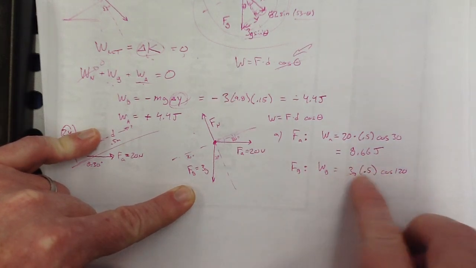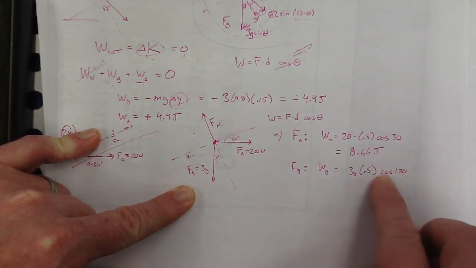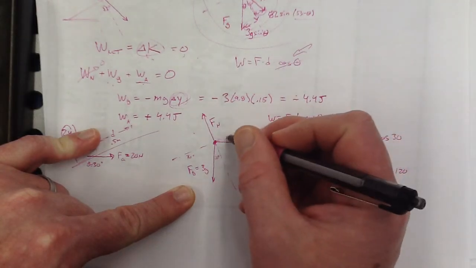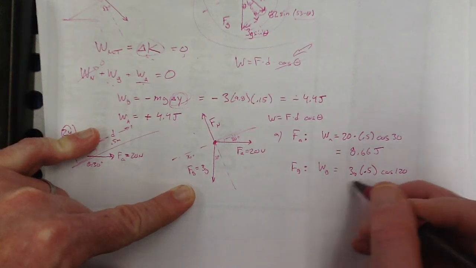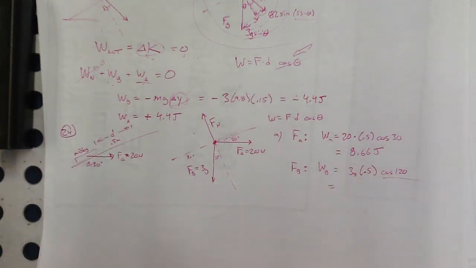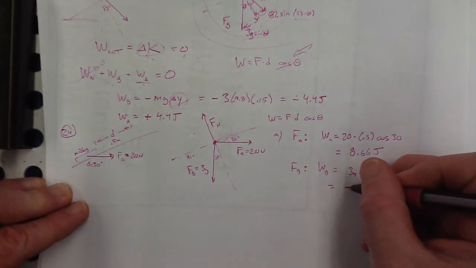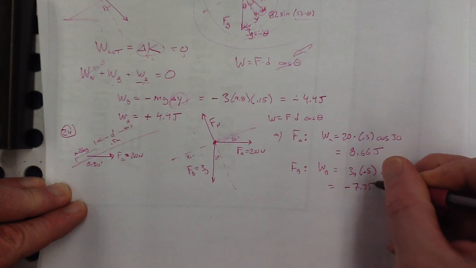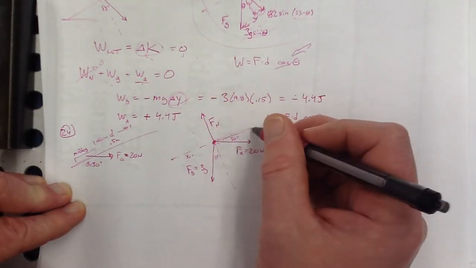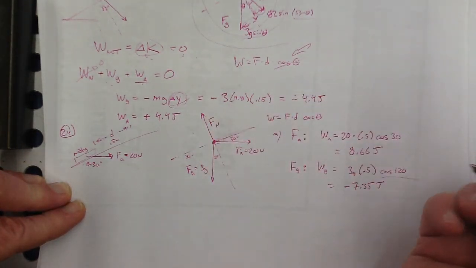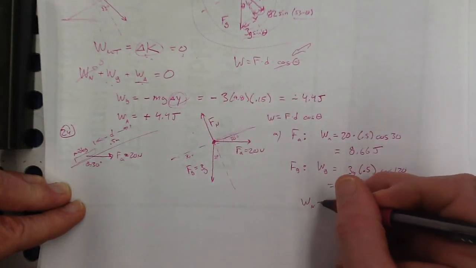And that is going to give us the negative sign because those are between 90 and 180 degrees apart from each other. So I should get a negative there, and I will, because cosine of 120 is negative. So 3 times 9.8, cosine of 120, that gives me negative 7.35 joules. And then the normal force and the displacement are perpendicular. The angle's 90, so no work there. The work done by the normal force is 0.